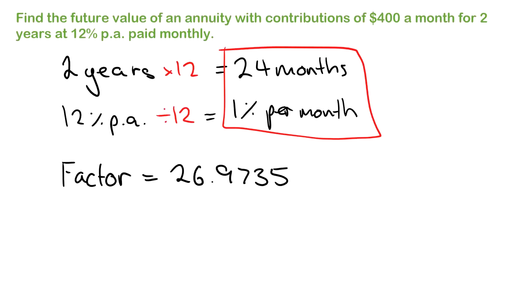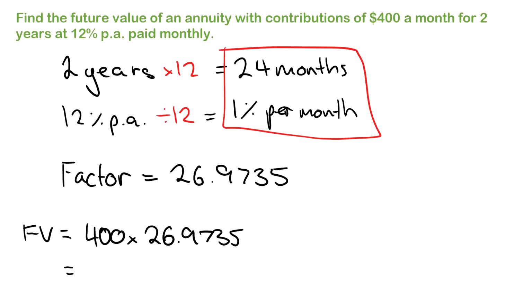Now I also make sure that $400 is our contribution, and we multiply that by 26.9735. Here, FV for future value. If you do that, you end up with 10,789.4. So if you're making contributions of $400 a month for 2 years at 12% per annum, and the interest is paid monthly, you'll end up with $10,789.40.